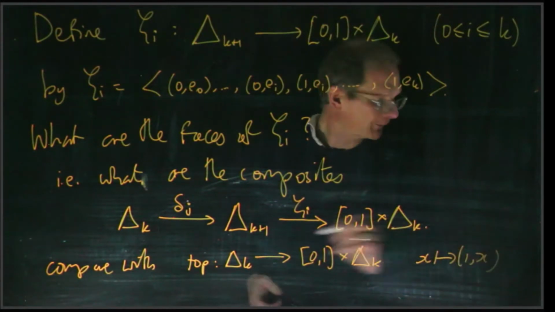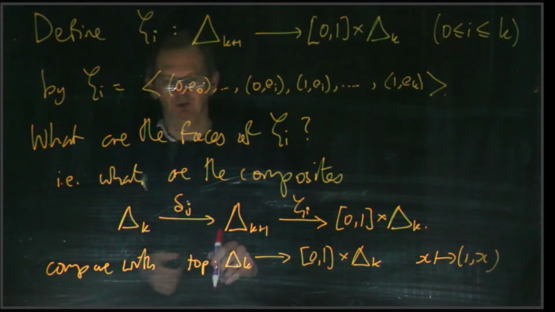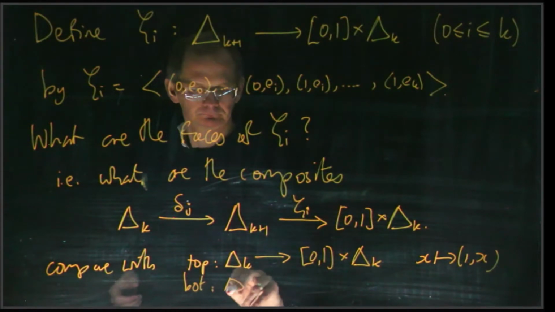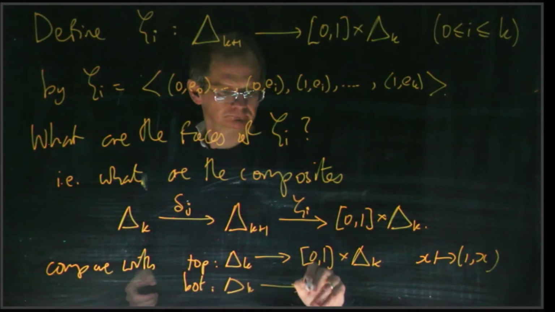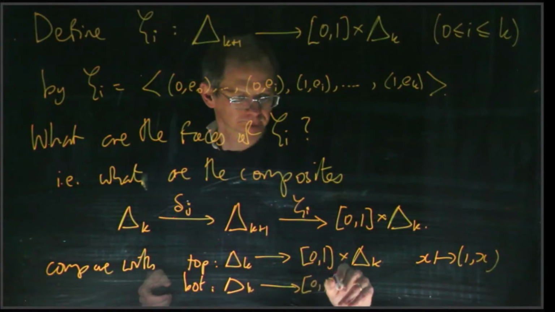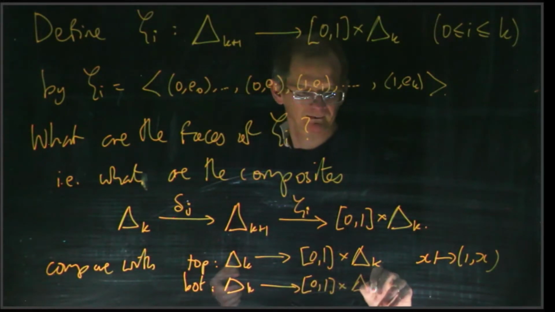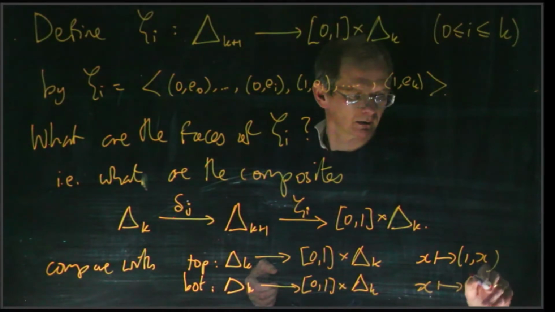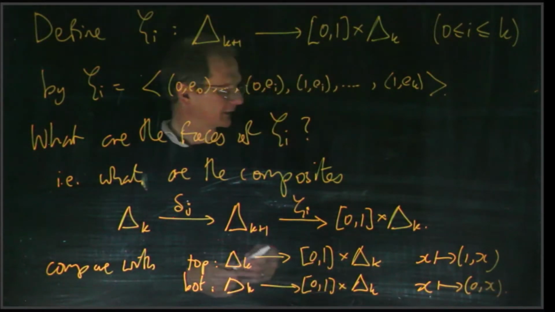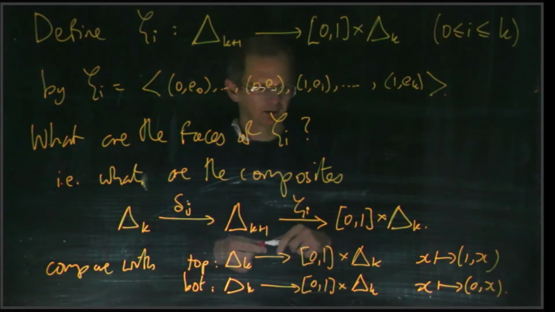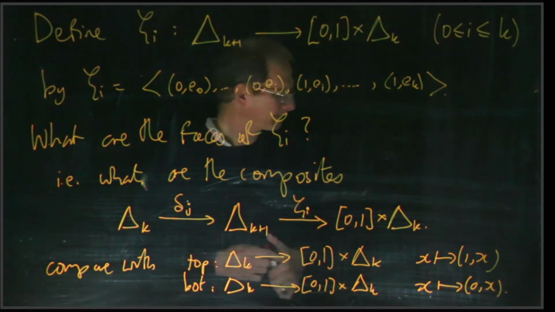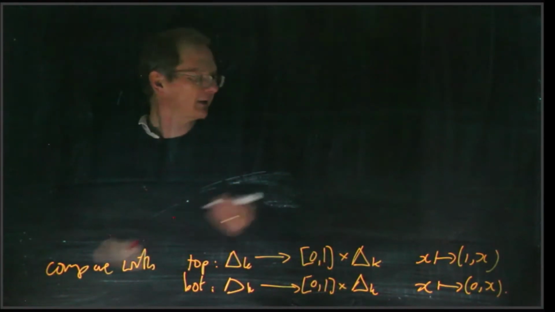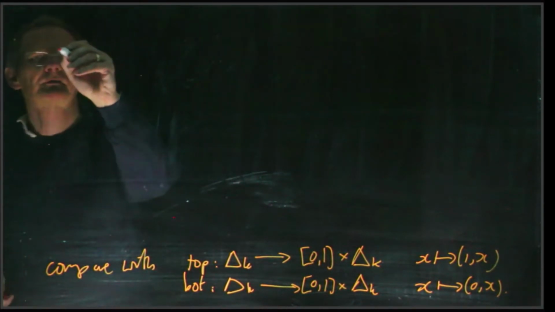So you've got the top inclusion, which just sends x to 1 comma x, and the bottom. Those are things that we should certainly compare with. And then the other thing we want to compare with is also the sides.